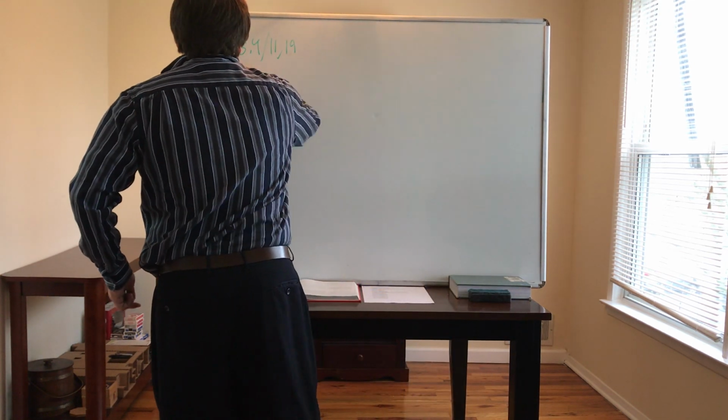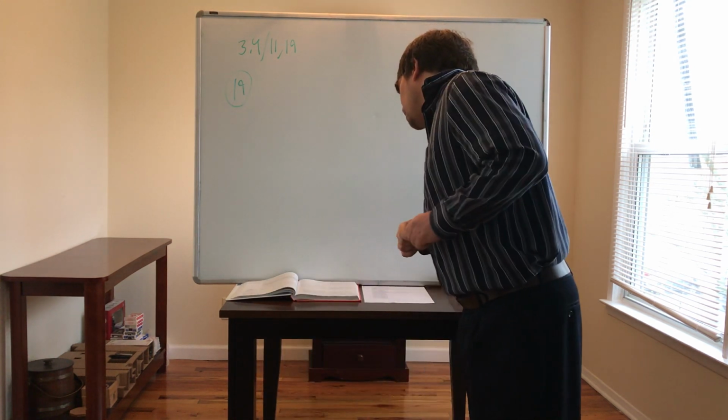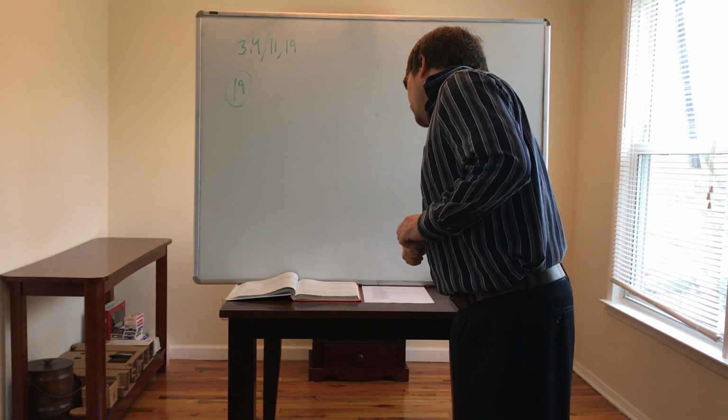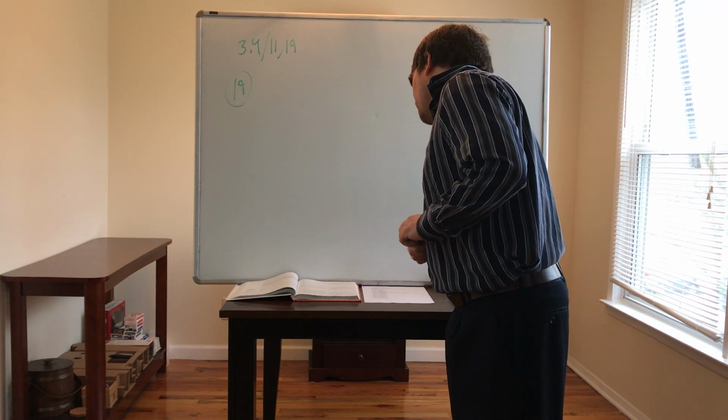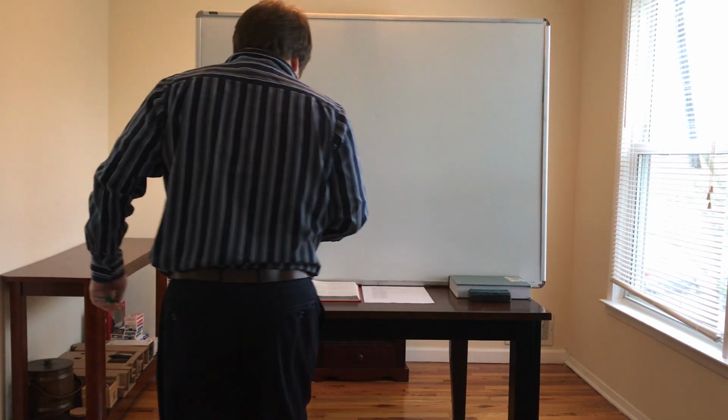Okay, number 19. So 3.4, number 19. Find the general solution to the linear system and confirm that the row vectors of the coefficient matrix are orthogonal to the solution vectors. Okay, so let me write down the system first.